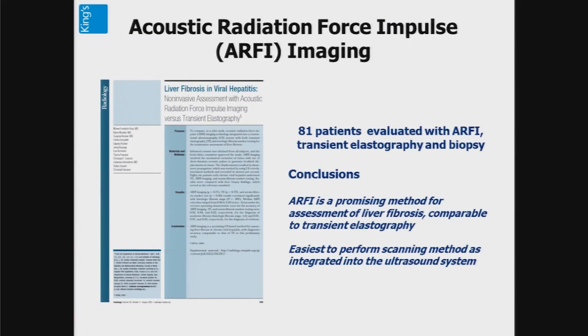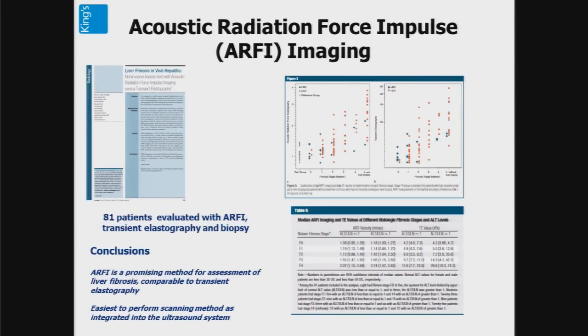How good is it? Well, this is the first paper published in radiology by Friedrich Rust's group from Germany, and I'm told this is the most cited paper in radiology currently. The 81 patients were evaluated with ARFI, and they showed, comparing this with FibroScan, it was the easiest to perform scanning method, and when integrated to the ultrasound system, it was comparable to the gold standard, which you're comparing is the liver biopsy, and the transient elastography, which has been there for a while, the FibroScan.